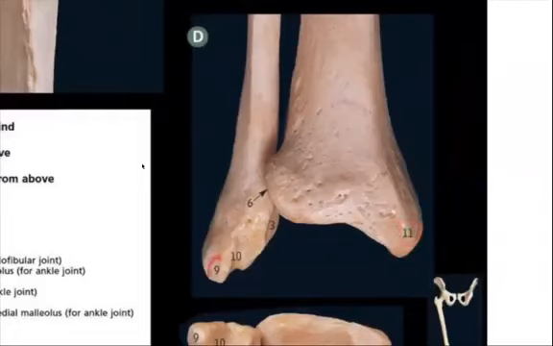Number 9 is the lateral malleolus. If you can see a single bone of the tibia, that means there will be only one malleolus, on the medial side. So if you are holding a tibia, then you can put this malleolus on the medial side.